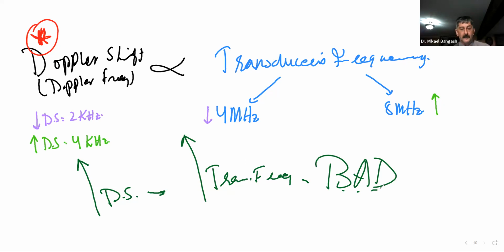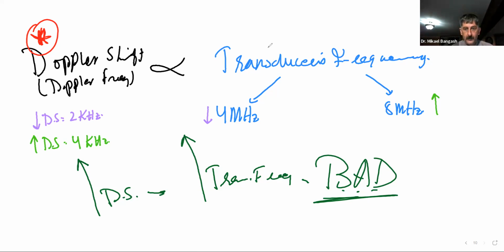Because in that case we get too high of a Doppler shift, that is going to cause it to be a bad Doppler shift. So how do we make this bad good again?